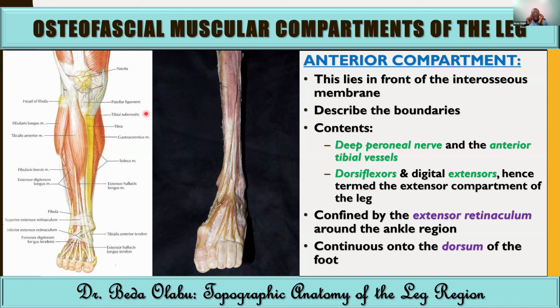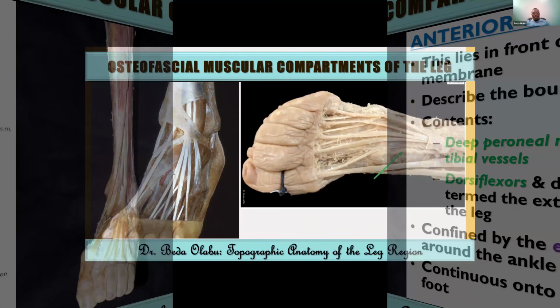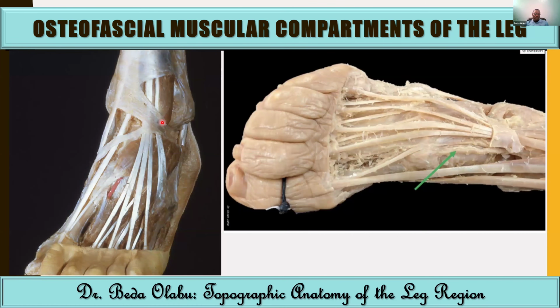Overall, remember that the leg is a common site for compartment syndromes, and the anterior leg compartment is the one that's most prone to compartment syndromes. So this image shows you the tendons that arise from the anterior leg compartment that cross the ankle joint.